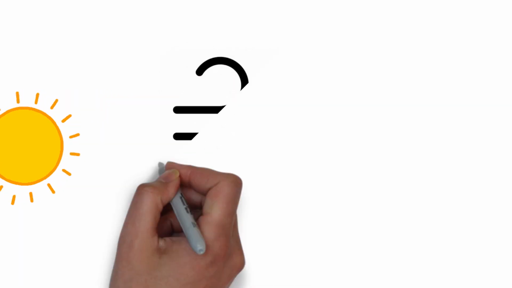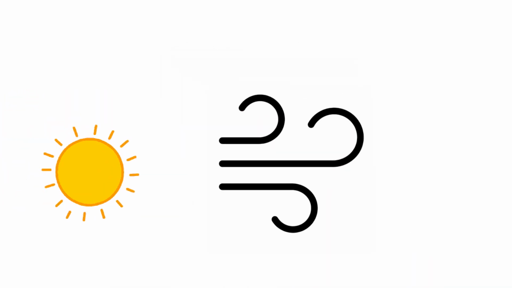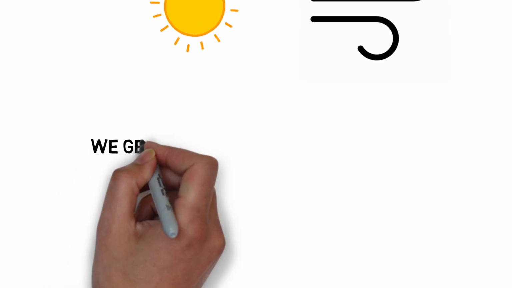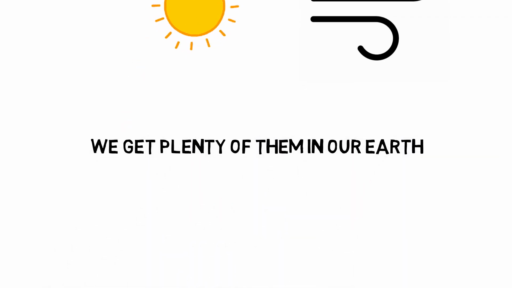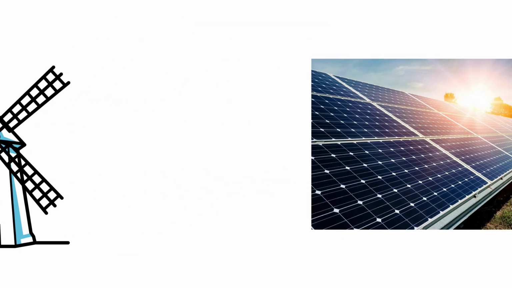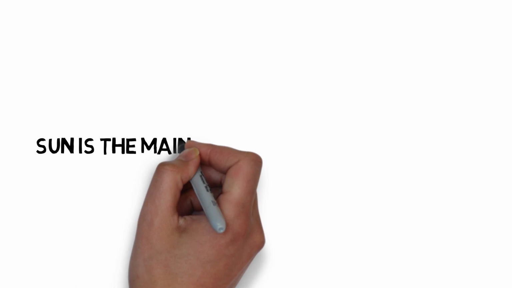Next are natural resources like sunlight and wind. These two are called the other natural resources. These two we can get plenty in our earth. We use these two natural resources to get energy. Sun is the main source of energy of the earth.